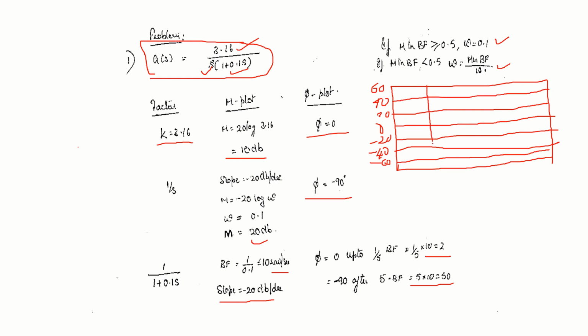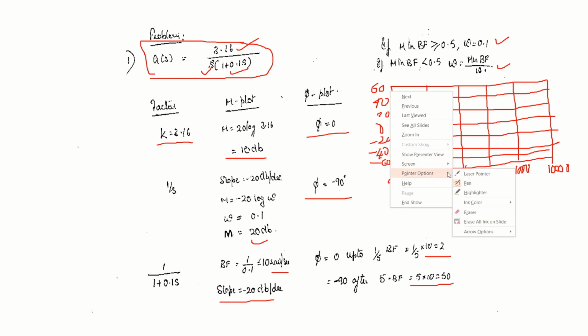Then this you draw, this you draw, this you draw, like this. This sheet is available anyway. 0.1, 1, 10, 100, 1000, 10,000. Let us draw Bode plot.